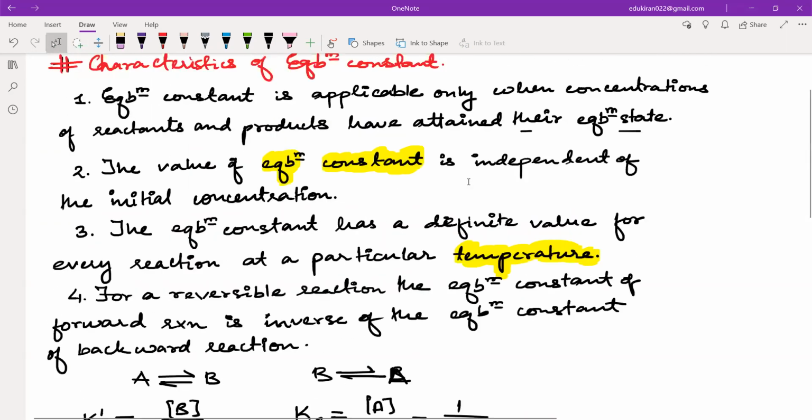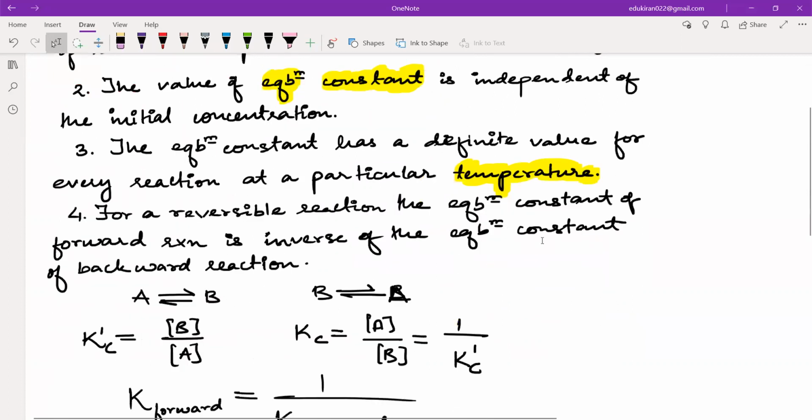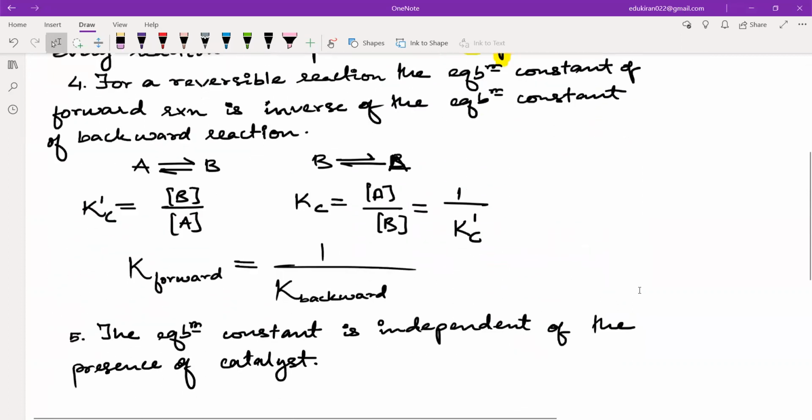Then, for a reversible reaction, the equilibrium constant for the forward reaction is the inverse of the equilibrium constant of the backward reaction. Let me write it like this.